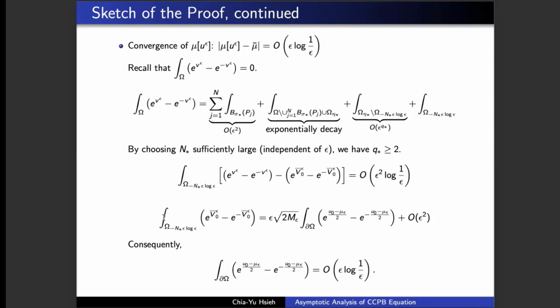And the next integral still gives us epsilon times this integral. So the result will become that this integral is order 1. We just get the boundedness, but not the convergence. So this decomposition is crucial to obtain this convergence.